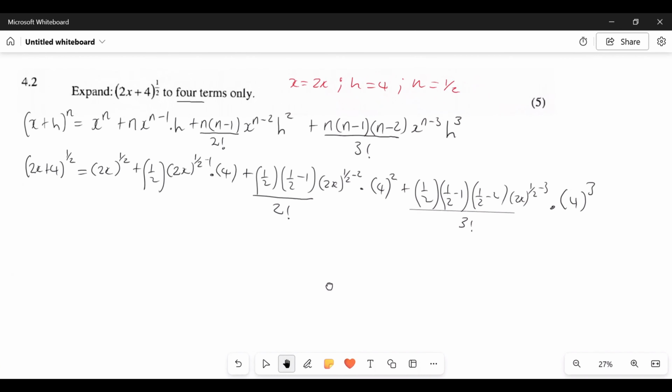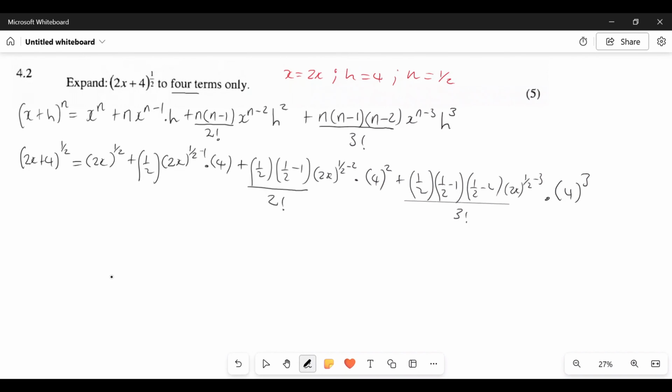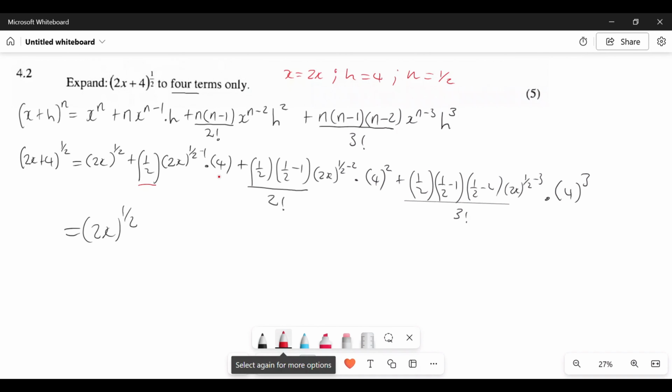All right, so let's continue here. Now let's start with the first term. Our first term, we have 2x to the power of half. You can just leave it like this for now. And then our second term, what you have to do here, guys, is take your calculator, insert half, and also insert this 4 there. When you do that, you will have the following: plus 2.